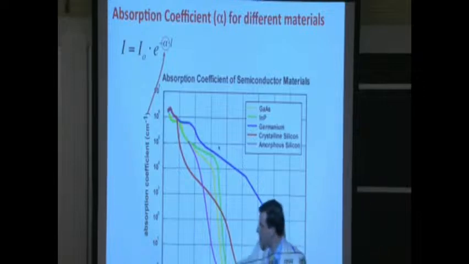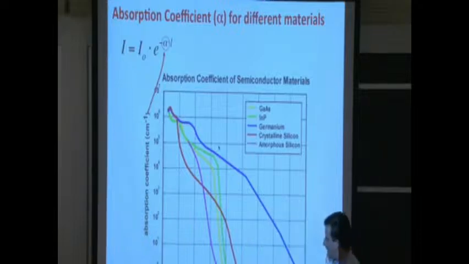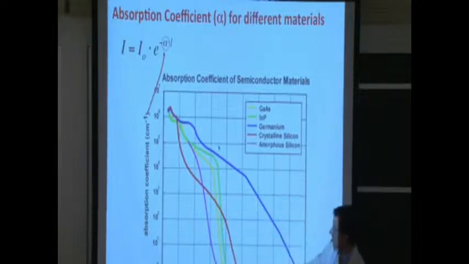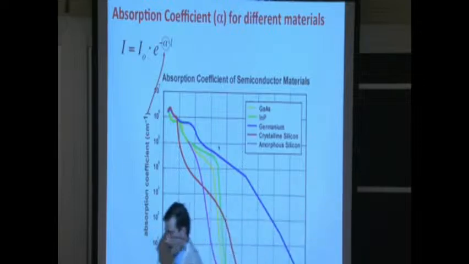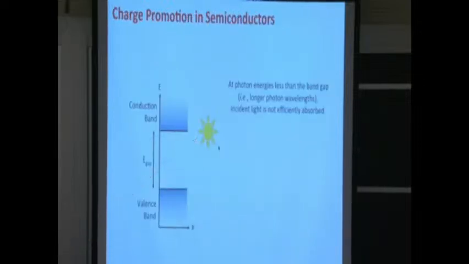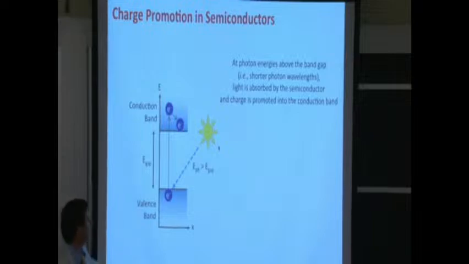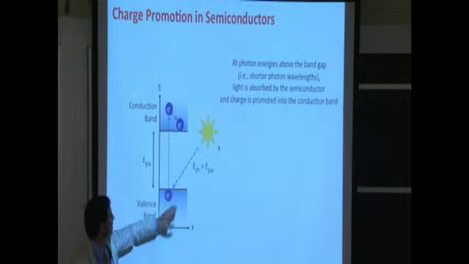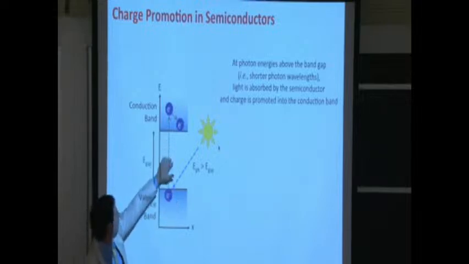It doesn't even appear on the log plot here. And as we begin increasing the energy, suddenly there's a turn-on. The semiconductor begins to absorb that light, and you begin to have this process occur right here. You begin to go from that red light that went straight through the material to this blue light example here where we have an absorption event.